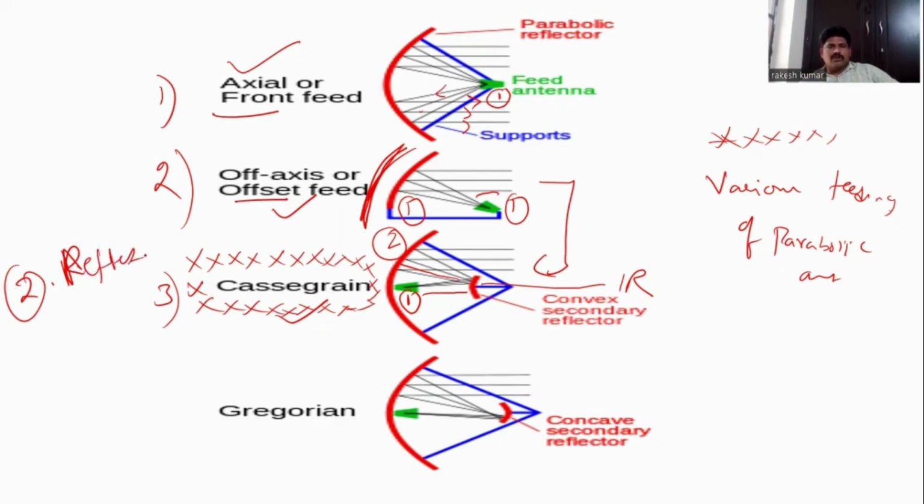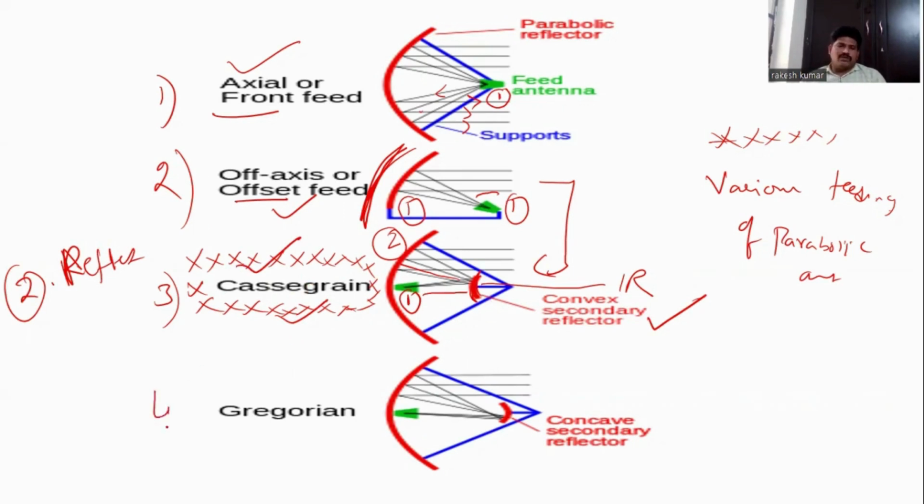What is the first reflector shape? The shape is convex. If the first reflector is in convex shape, we call it Cassegrain. The most practically used feeding technique of parabolic antenna is Cassegrain feeding technique.